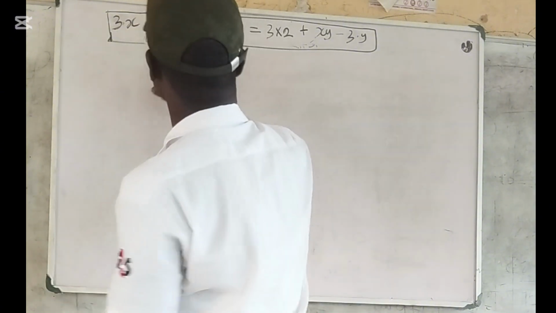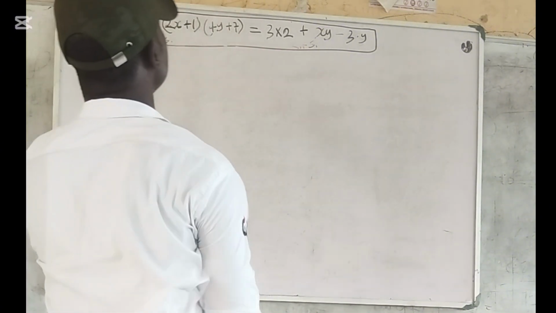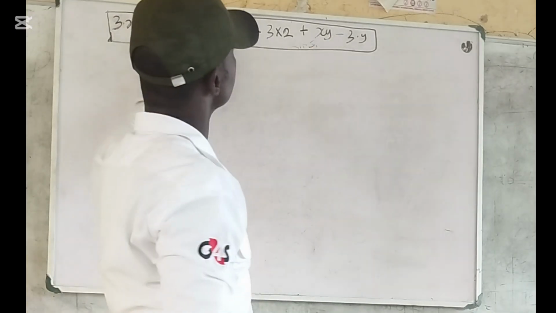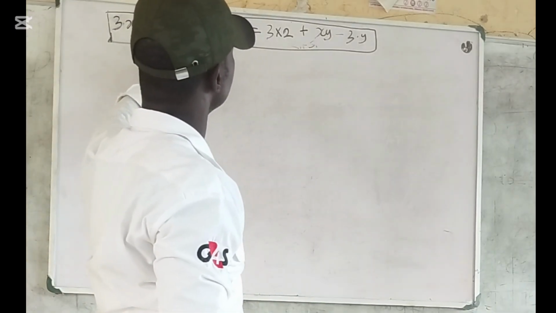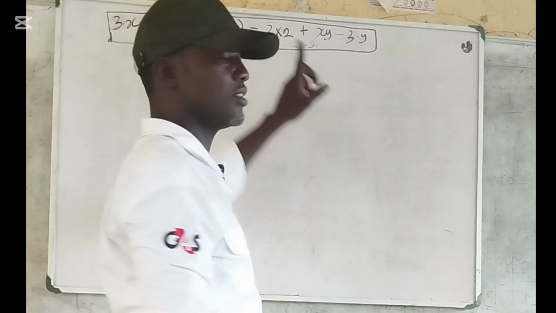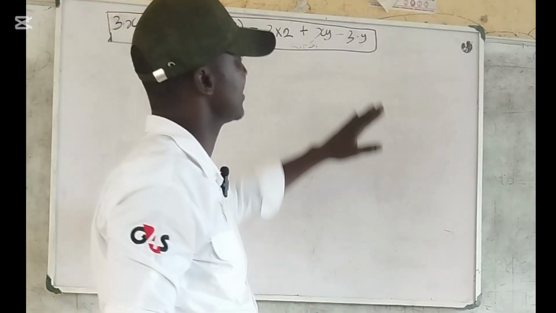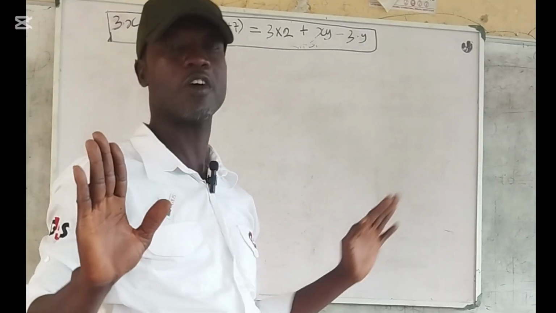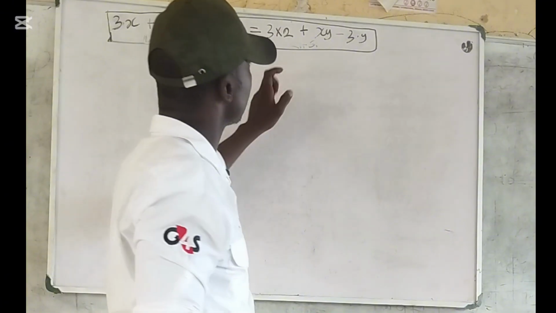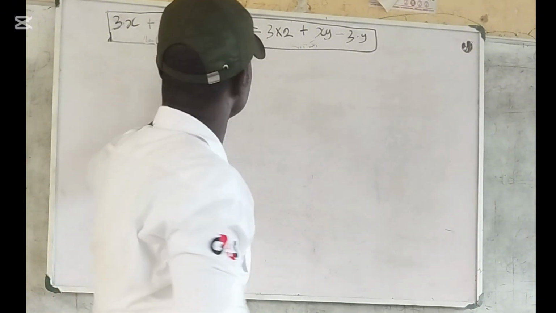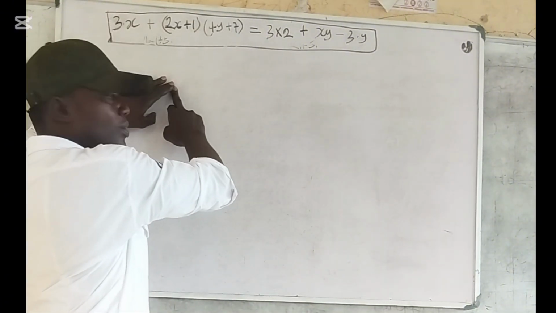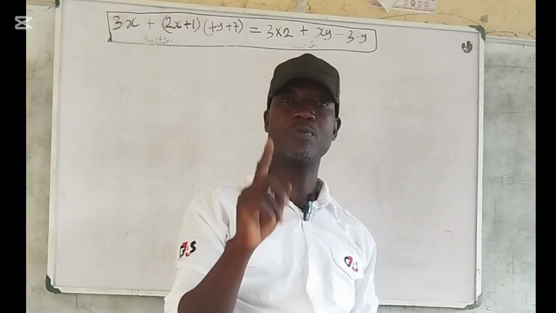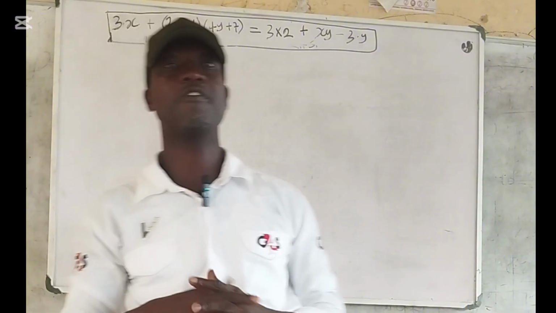For instance, if I come to the board, and they say, make y the subject of the equation or the subject of the formula in this equation, what it simply means is that manipulate and rearrange this equation following the rules of mathematics such that y stands alone, okay? Y stands alone equal to something else. That is what it means to make a variable the subject of the formula in an equation.